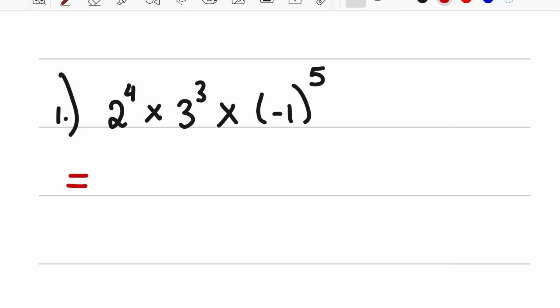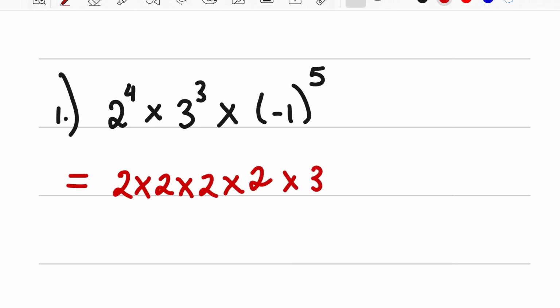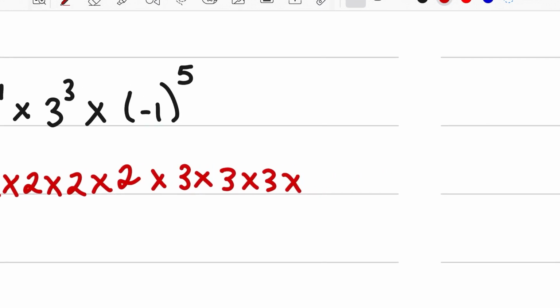So 2 to the power of 4 is 2 multiplied by 2 multiplied by 2 multiplied by 2. 3 to the power of 3 is 3 times 3 times 3. Then we have minus 1 to the power of 5, so minus 1 multiplied by itself 5 times.